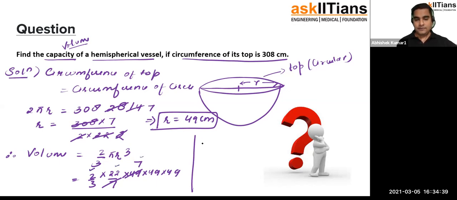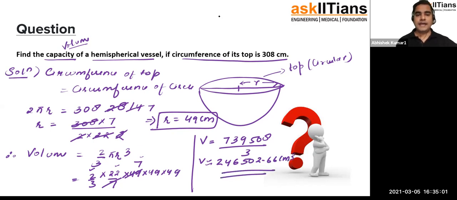If you multiply them, you will get 739,508 divided by 3. Now this value you need to divide by 3, guys. If you divide it by 3, you will get approximately 246,502.66 centimeter cube. So that is the capacity or the volume of the hemispherical vessel under consideration here. Clear?